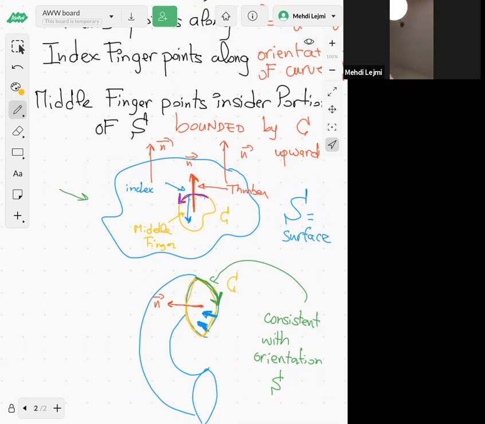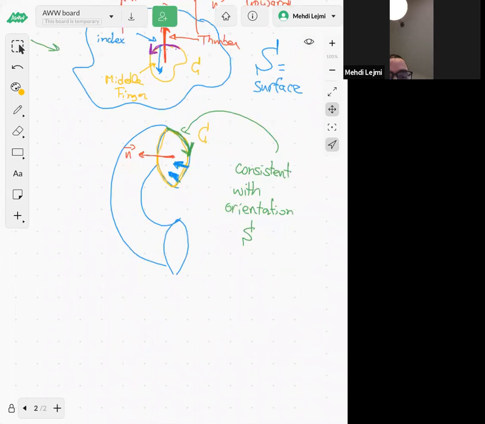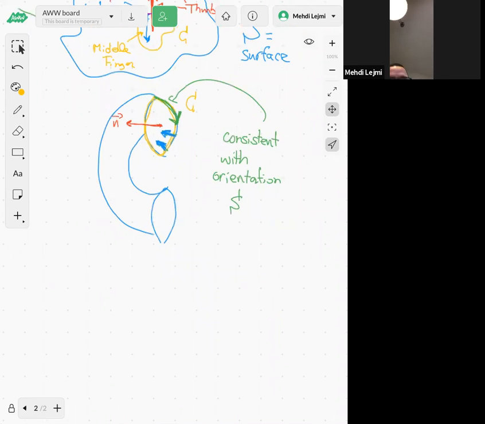The thumb is the normal vector, the index is the orientation of the curve, and the middle finger points inside the portion of S bounded by the curve C. So that's for the orientation. That's what I call consistent orientation: the orientation of the curve consistent with the orientation of the surface.